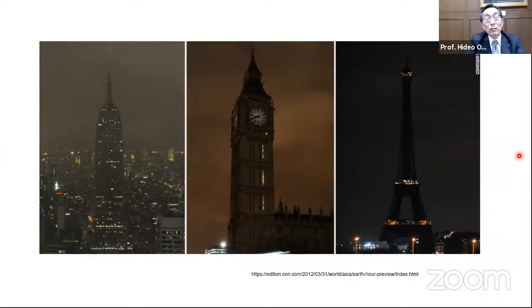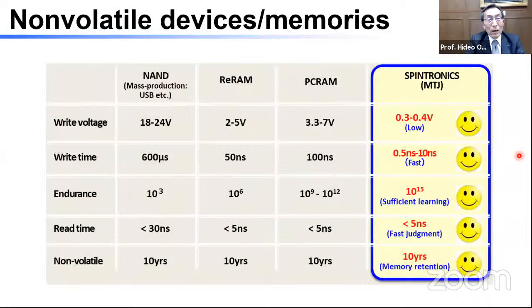I will not go into the detail of how power is used within a processor, but standby power, just keeping information in the processor, requires a huge amount of power. So we want to do something about it. And this means that we need to have a non-volatile memory that will save the world.